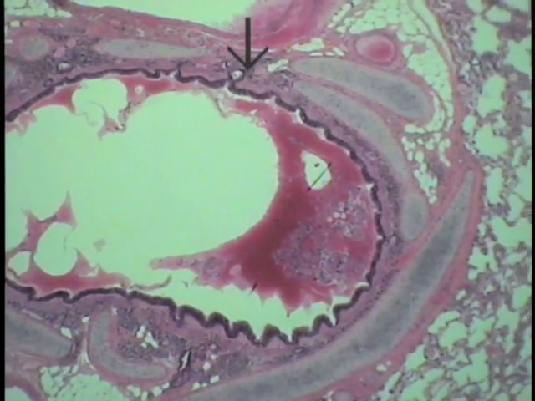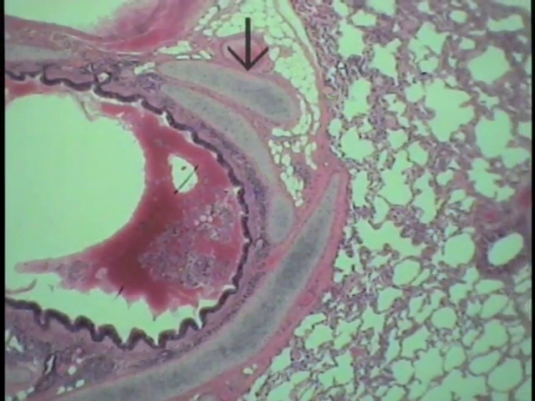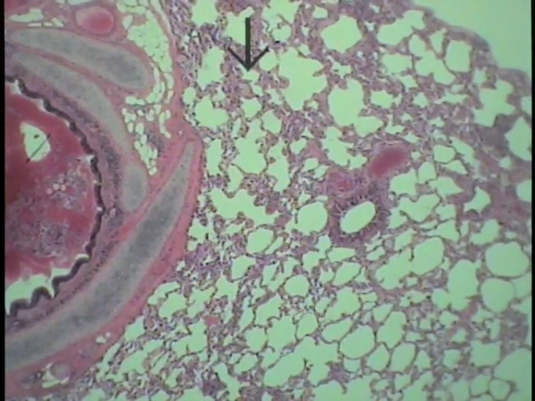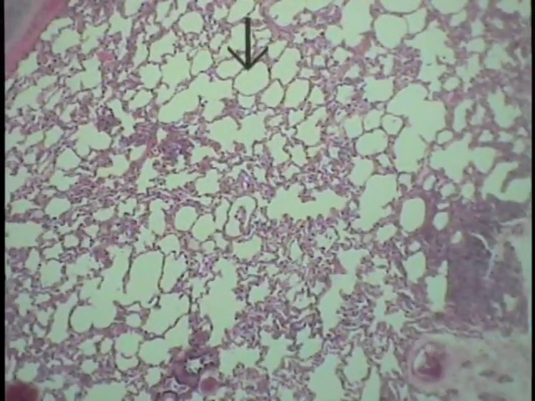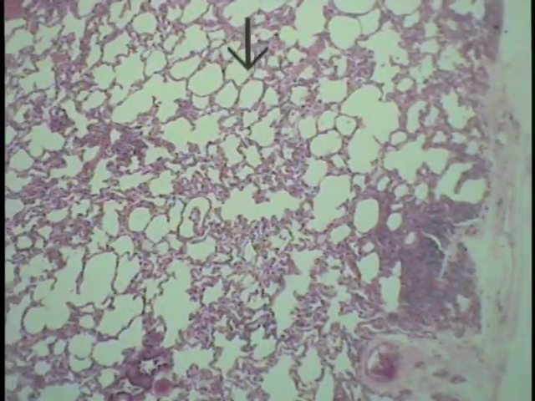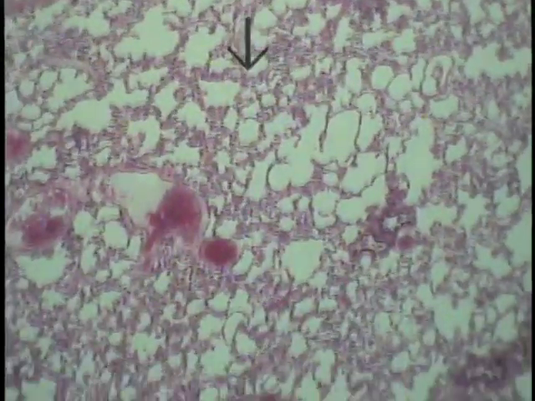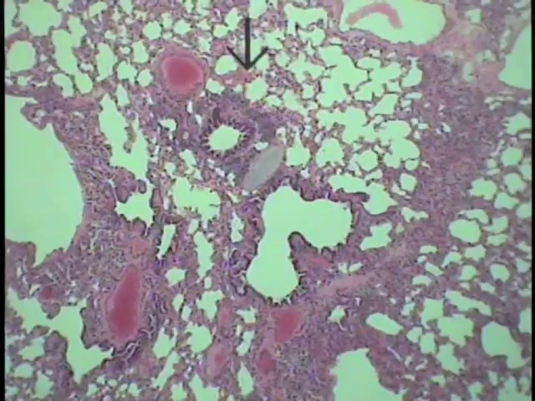Now there are going to be successive subdivisions from this bronchial tree, and it's important to find one of these smaller units if possible and look at the distal or terminal portion of an intrapulmonary bronchus.